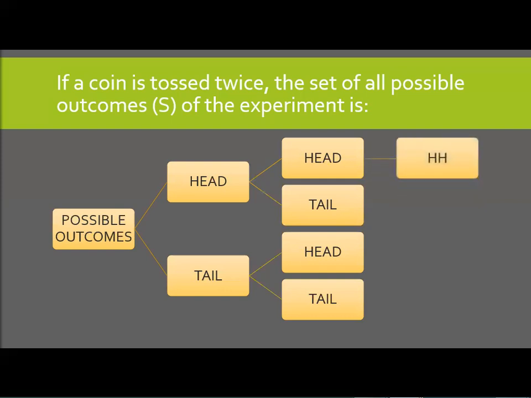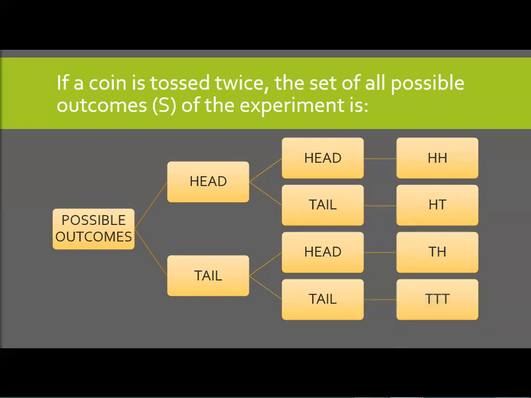For the second, head and tail. For the third, you may have the outcome tail and head. For the last, you can have tail and tail. So the sample space for this one is the set S equal to HH, HT, TH, and TT.